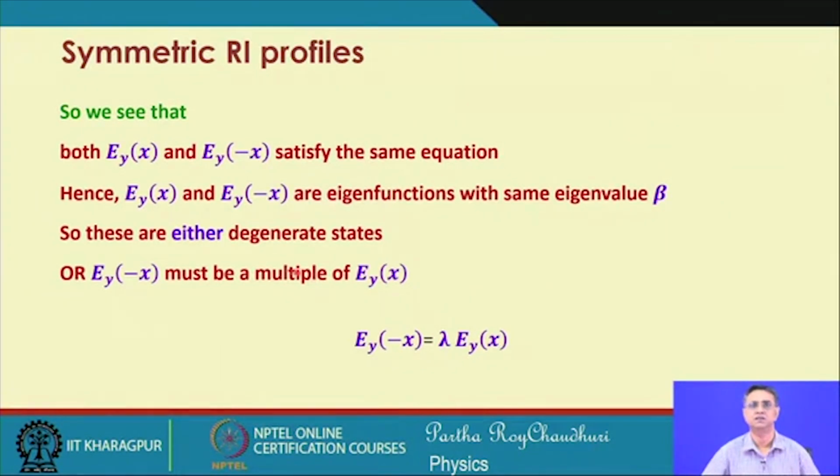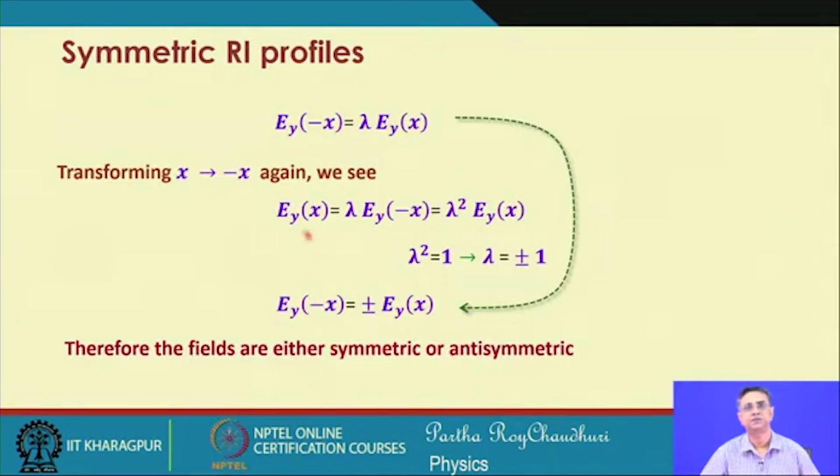So, this means that these two are degenerate states, or it could be that one must be a multiple of uy. This possibility of degenerate states can also be shown to be identically the same consequence. If we consider uy of minus x equal to lambda times uy of x, then again you transform x to minus x, and uy of x becomes lambda times uy of minus x.